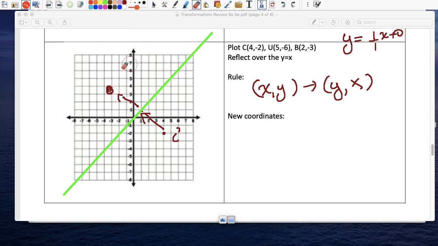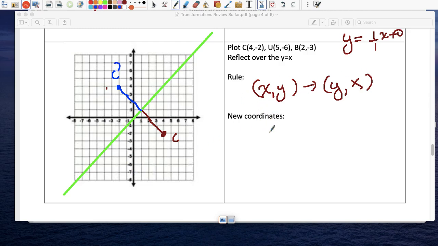Okay, so let me erase all that. Let's actually find point C. So point C is 4, -2. It's right here. So we're going to go through one diagonal, two diagonals, three. On the other side, same thing, through one box, diagonal, another one, and another. Three of them. And here's C prime.